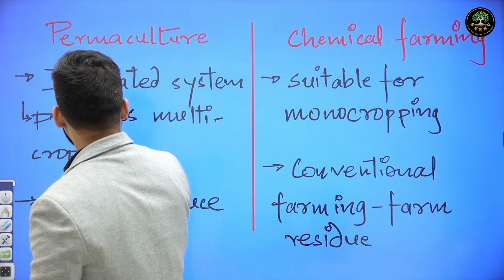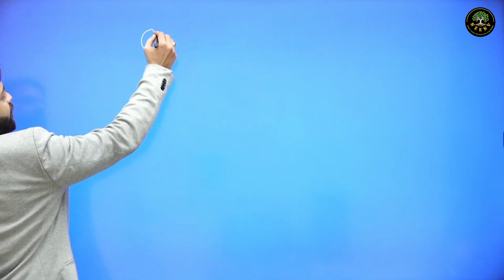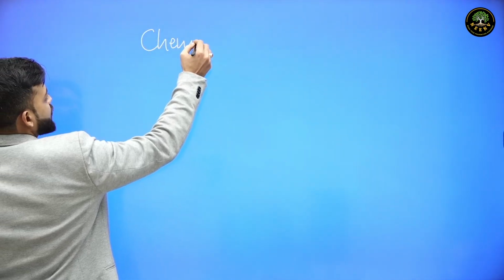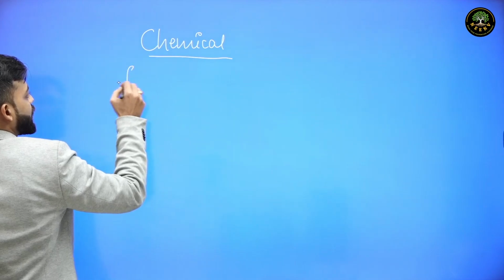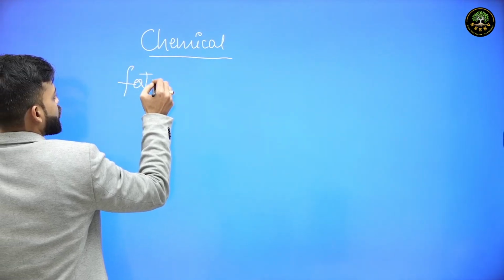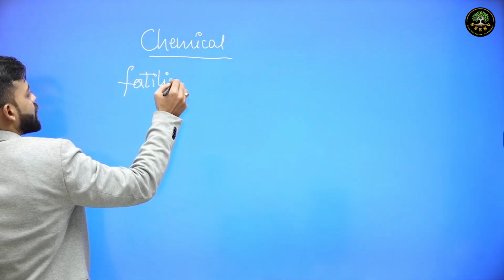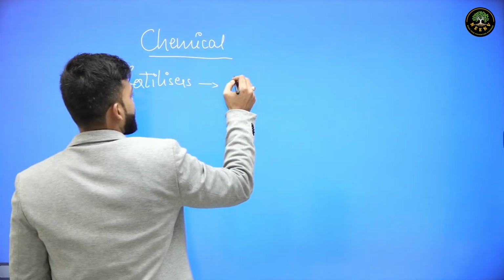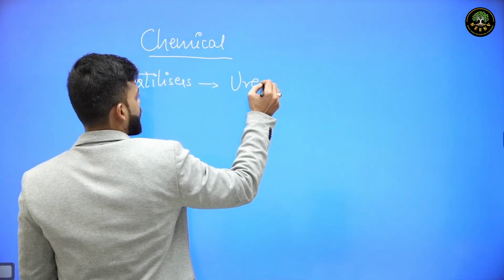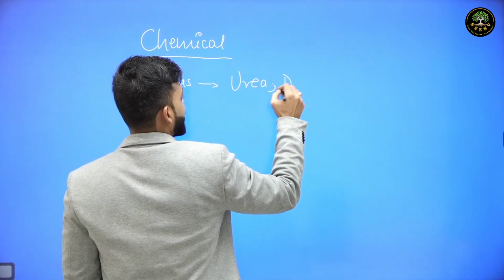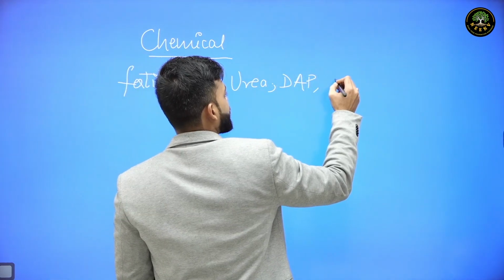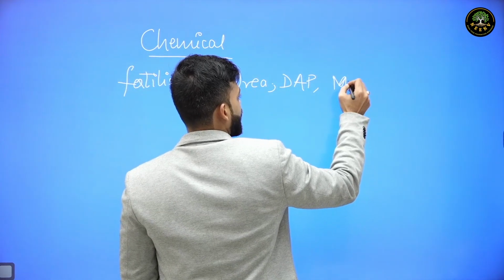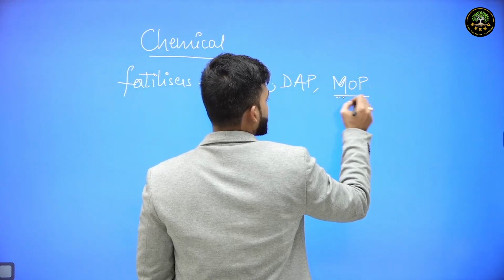Also, in chemical farming, as far as inputs are concerned, there are fertilizers like urea, DAP, that is diammonium phosphate, or MOP, that is muriate of potash.